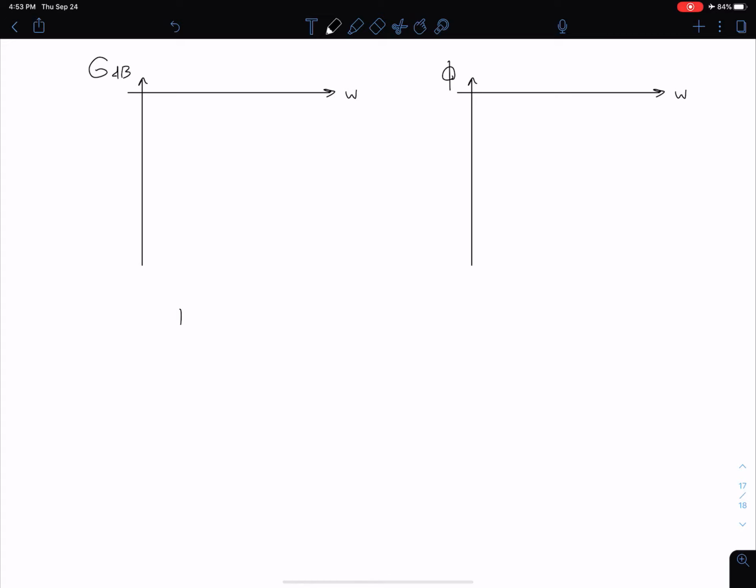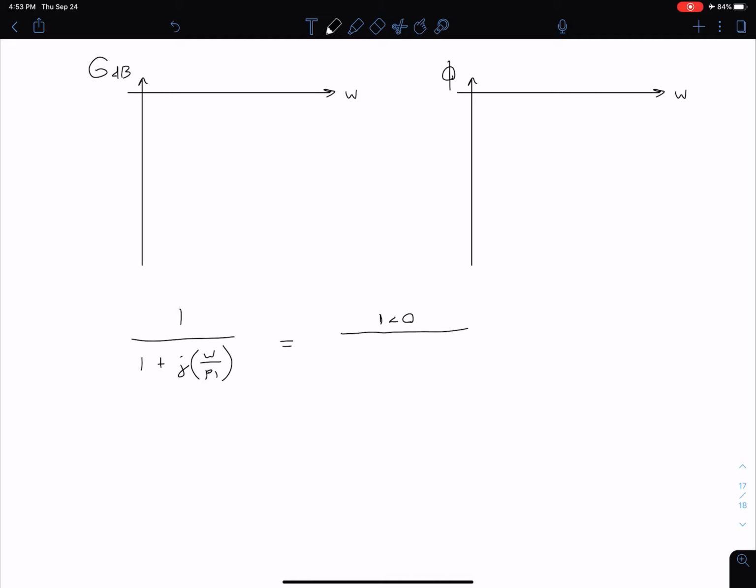So we have 1 divided by 1 plus j times omega over p1. Okay, so we have our denominator in rectangular form right now. If we get it into polar form, it's going to be easier to do this division here. So we can write this numerator as 1 angle 0 to convert it into polar form.